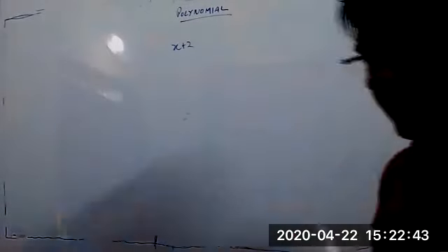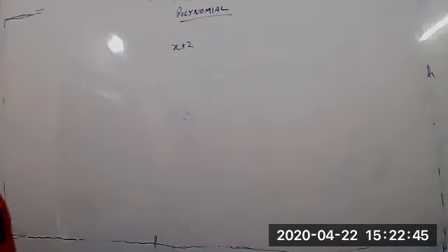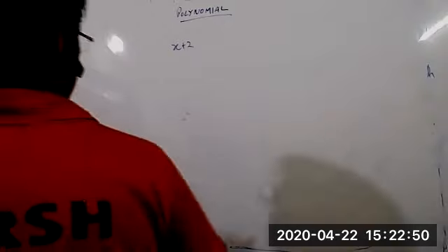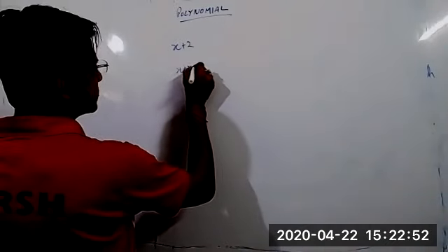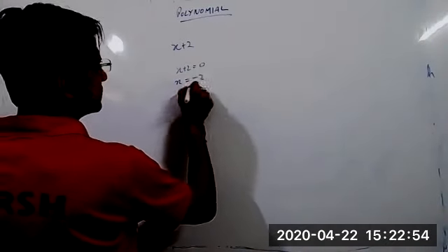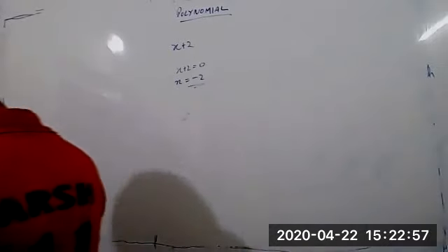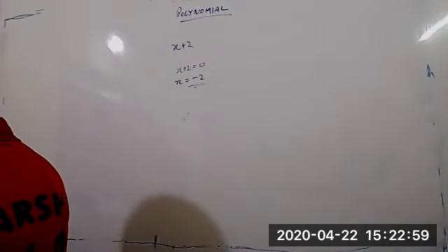So minus 2. What you did: x plus 2 is equal to 0, so x is equal to minus 2. That's it. Correct?